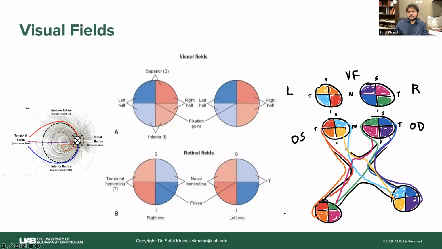So the fibers from the nasal side decussate, but on the temporal side, they stay the same. So when you look at this, after the crossing, the temporal side remains the same, but the nasal half is derived from the contralateral eye. So the fibers from the nasal side of the contralateral eye.